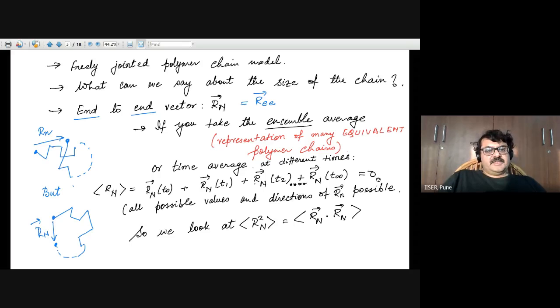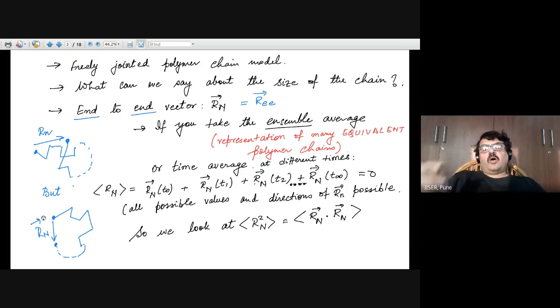And why would that be 0? Because if you are taking a time average, that's equivalent to taking an ensemble average at different instances in time, and this vector would point in different directions. As the polymer changes conformations, at some point it would be pointing in this direction, then this monomer could move and later the Rn would be in this direction, and at some much later point in this direction.